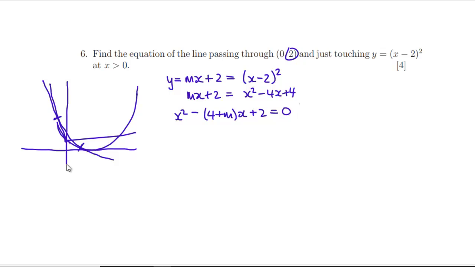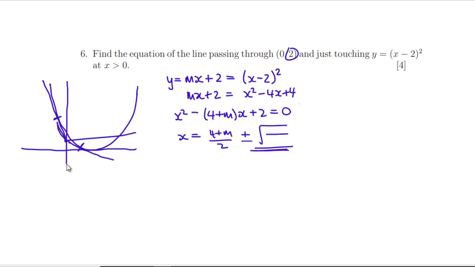We don't know what m is going to be yet, but we can't have more than one, because if we put this into the formula, we're going to get x is (4 plus m) over 2 plus or minus some whatever. So this bit needs to be 0, otherwise we're going to get multiple solutions for a particular m, and we can't have that.